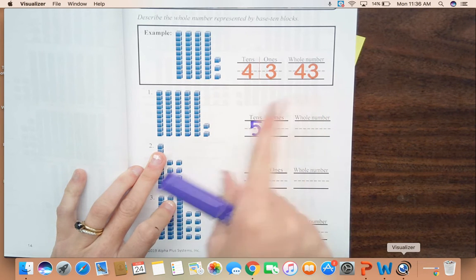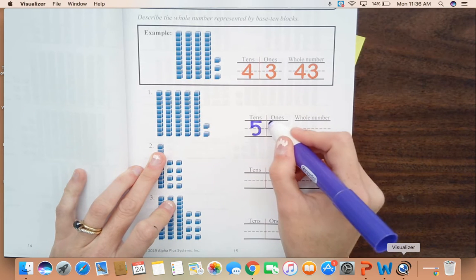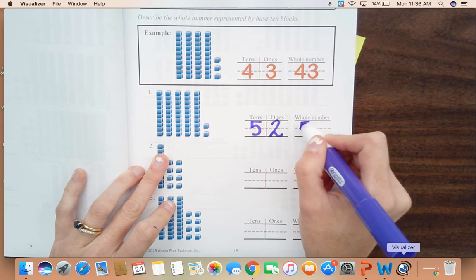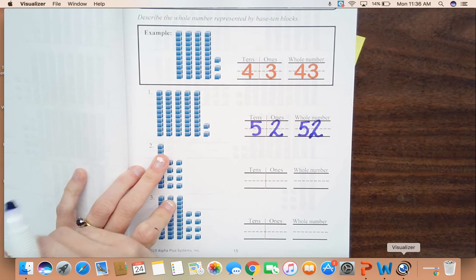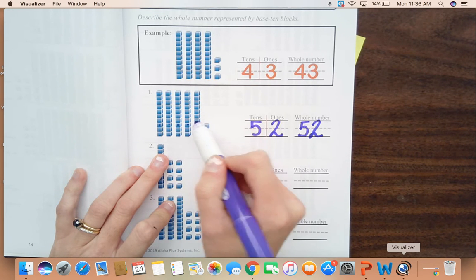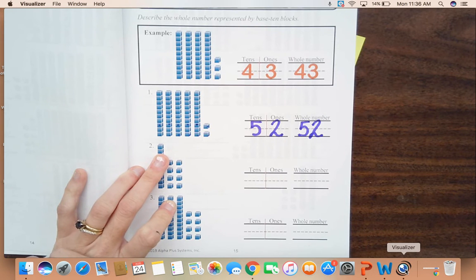Only one family can live in that spot. So 1, 2. There's 2. Now when you put it together, it makes 52. If you don't believe me, you can count them. Watch. 10, 20, 30, 40, 50, plus 1 more. 51, 52. Check that out.